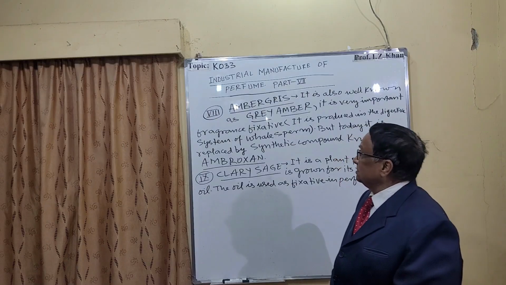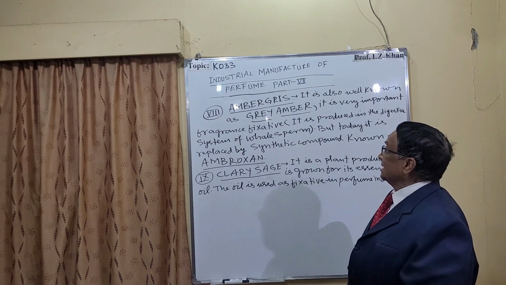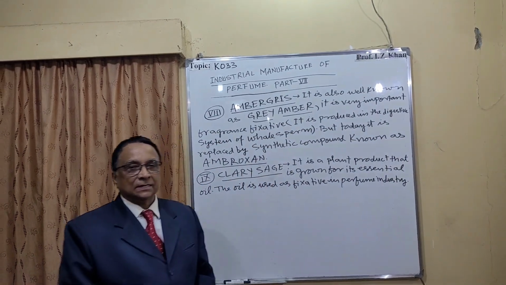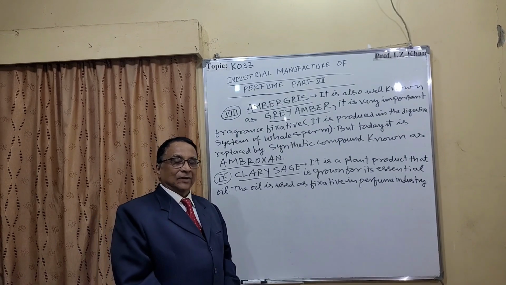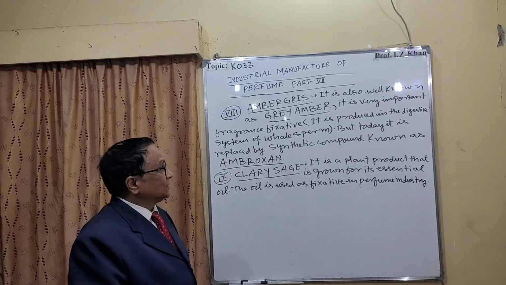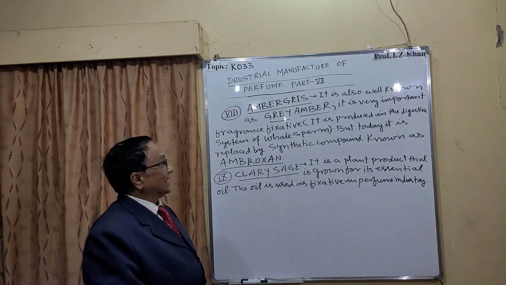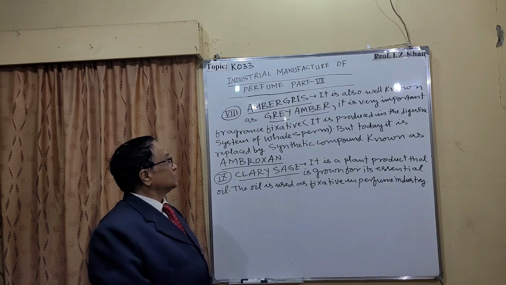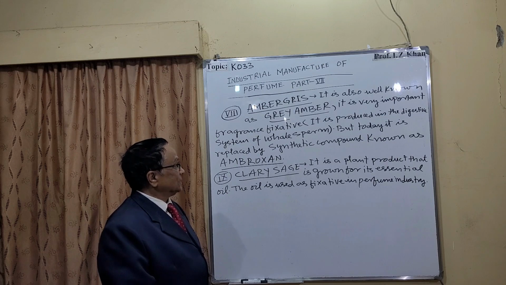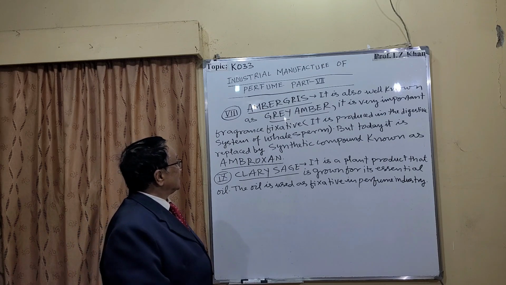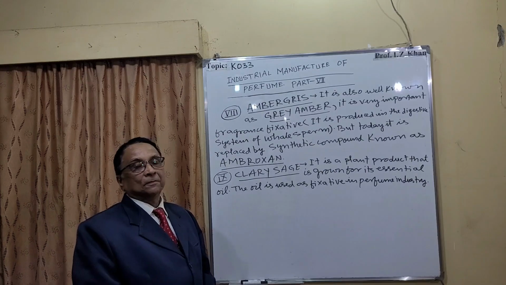So number 8 is ambergris. Ambergris is another very expensive and very important fixative. It is also well known as grey amber. It is produced in the digestive system of the sperm whale.